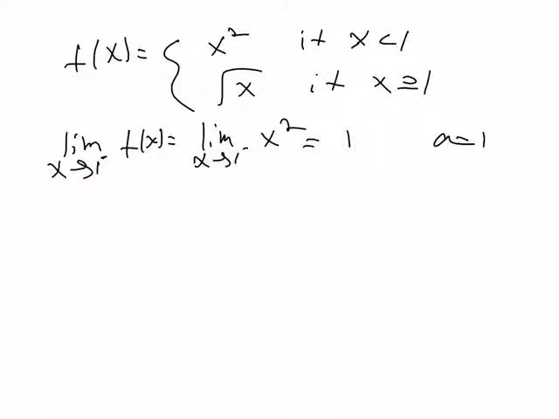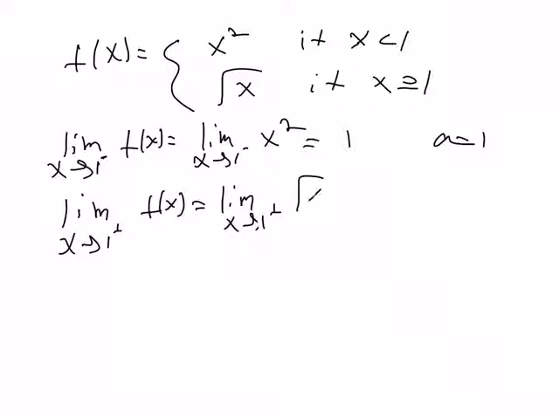And similarly, the limit as x approaches 1 from the right of f of x is equal to the limit as x approaches 1 from the right of the square root of x, which is equal to 1. And so we know that the limit as x approaches 1 of f of x is equal to 1.